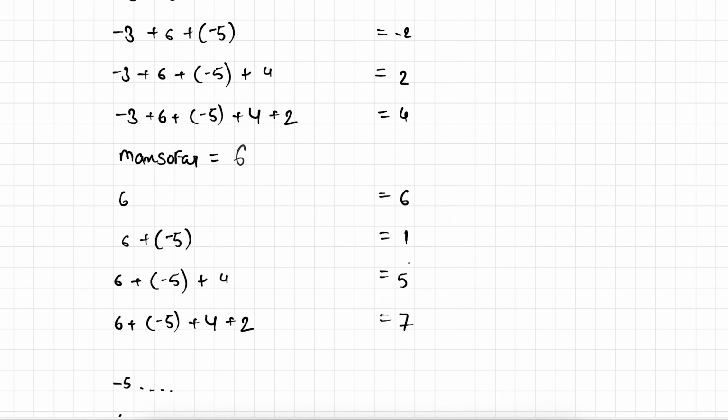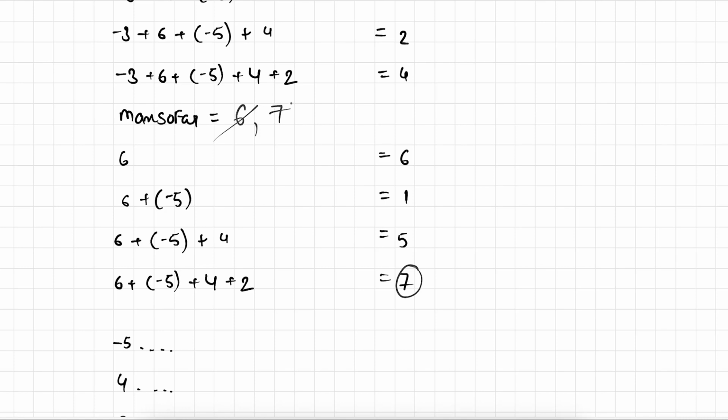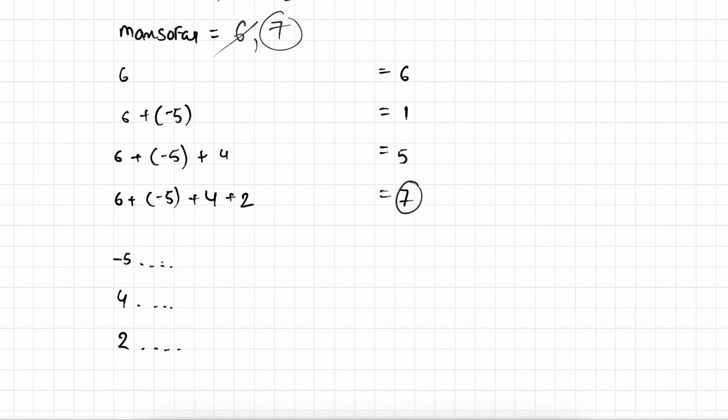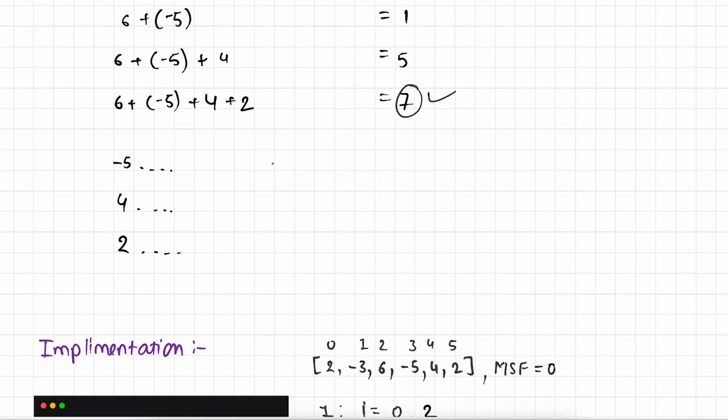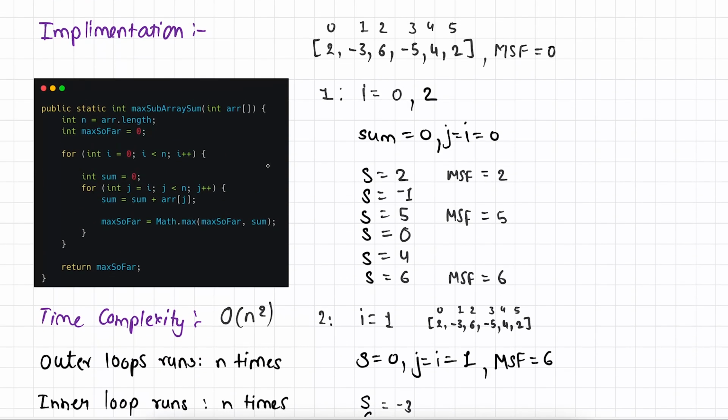We get 6, 1, 5 and 7, and now we get a number greater than maximum so far, so we update 6 to 7. So this is how we get our maximum so far as 7. If you consider -5, 4 and 2, you will never get a number greater than 7. So this is how this approach is going to work. Now let's see the implementation of this basic approach.